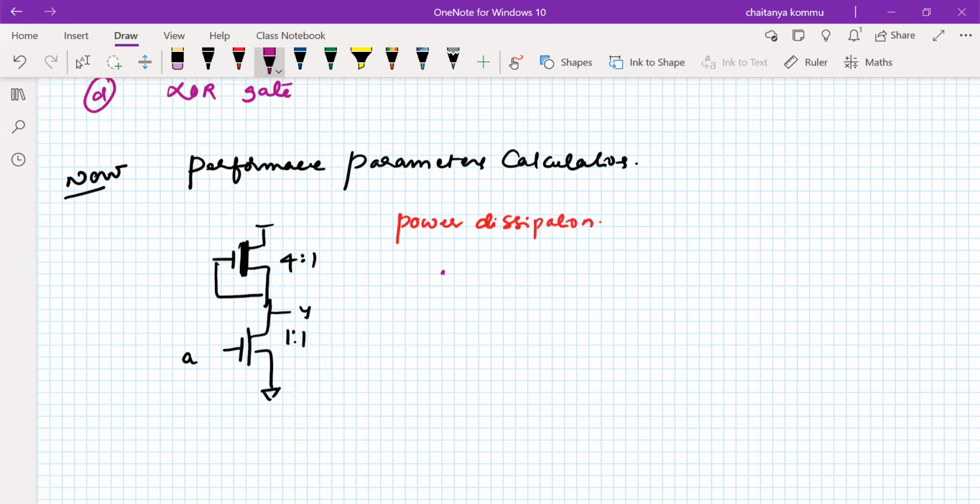Anybody can guess? P is nothing but V square into R. Sorry, V square by R. Static power dissipation.